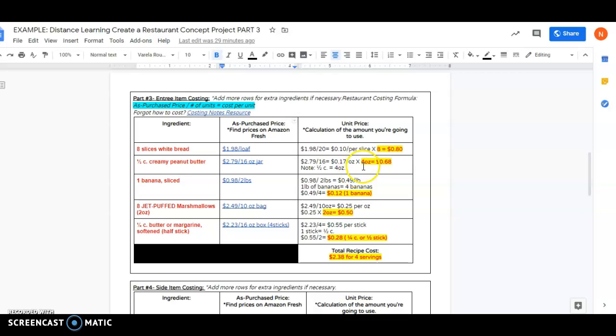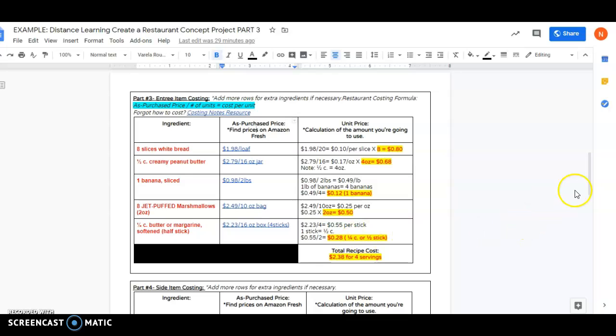So I took 17 cents times 4, and I got 68 cents for the total amount that I needed. So you kind of get the idea of that. When you're done with all of the ingredients, which are all highlighted yellow with red font, I added those amounts together. So my total cost is $2.38 for 4 servings, for 4 sandwiches.